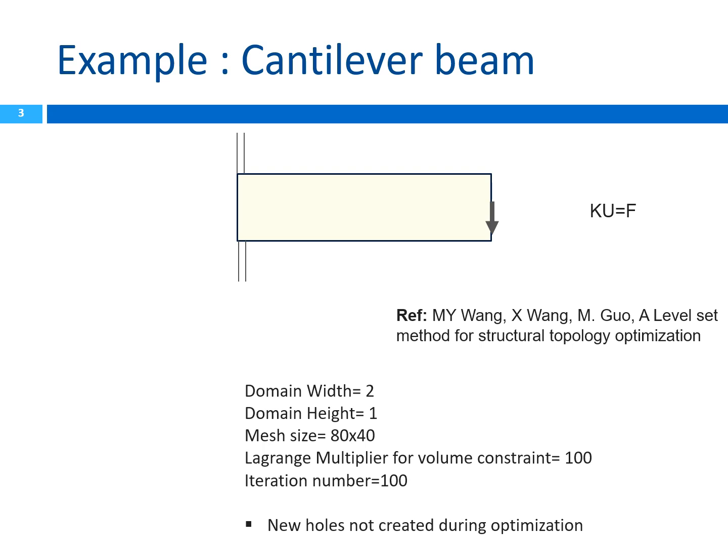In this problem, we did not consider new hole creation. That means the topology derivative is not used for creating new holes. So only the existing level set functions are evolved to get the final optimized shape. This implementation is based on Michael Y. Wang's paper on level set based topology optimization.